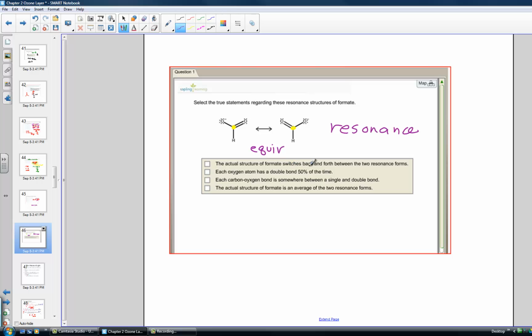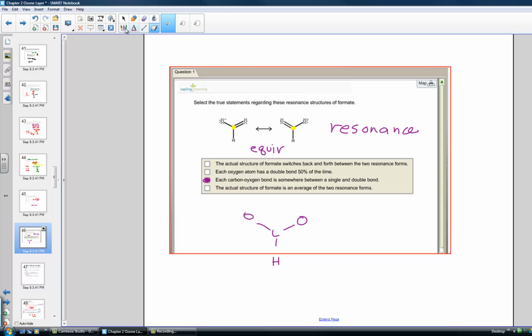So the actual structure of formate switches back and forth. That's not true. It's actually both structures at the same time. So the term resonance structures means that it's a carbon-oxygen bond somewhere between the single and double. So if I were to really show this, I could have oxygens, hydrogen, and instead of having a double bond in just one direction, let me make that a better line.